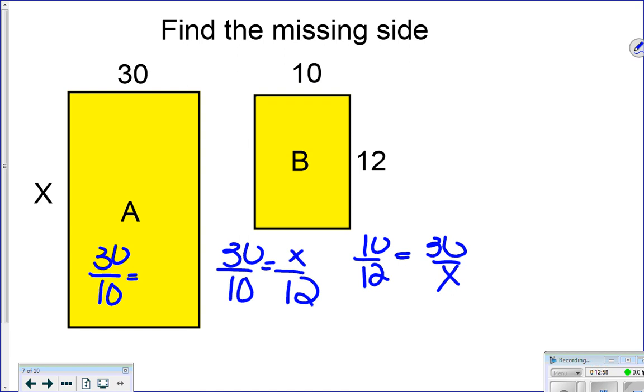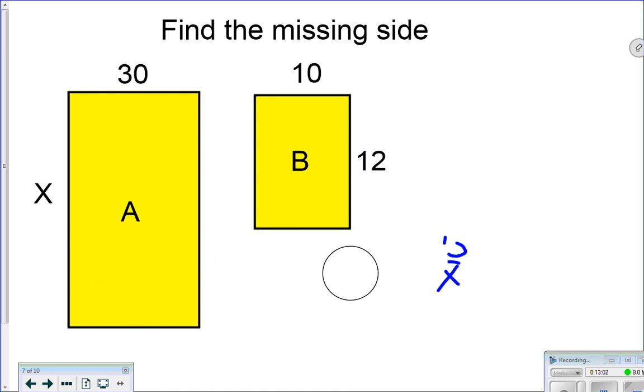Okay? In your homework today, there's going to be some that look like this. They're going to give you side lengths for almost all of them. Now, my other class was like, well, do I have to use all those?